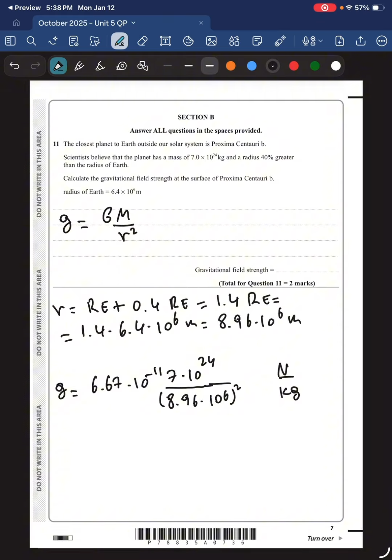I'm being lazy about writing all the units down, but if you reduce everything down to newtons, meters, kilograms, seconds, and so on, everything gets cancelled nicely. So the final answer is 5.82 newtons per kilogram. Okay, so about one half of what it is on Earth.